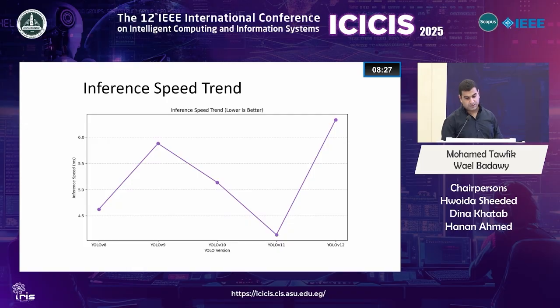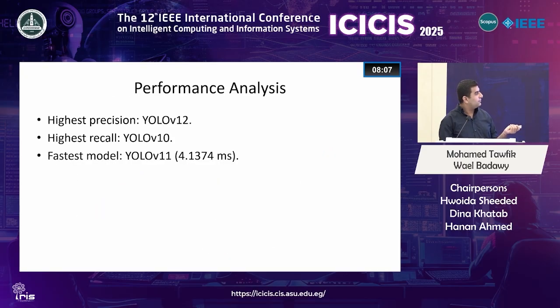But the model that achieved a better time than the other versions was YOLO version 11. It achieved good time in comparison with other models, but in other metrics, they behave approximately the same.